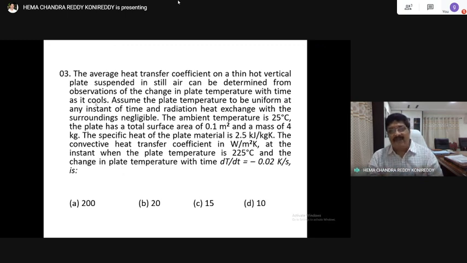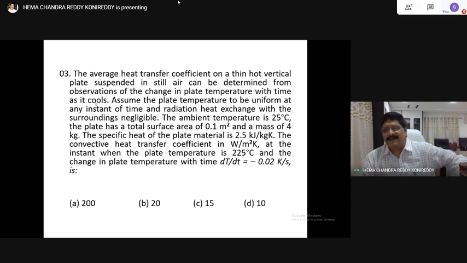Determine the convective heat transfer coefficient in watts per meter square Kelvin at the instant when plate temperature is 225, and the change in plate temperature with time, dT by dt, is 0.02 Kelvin per second.